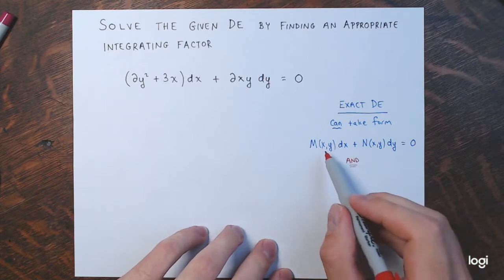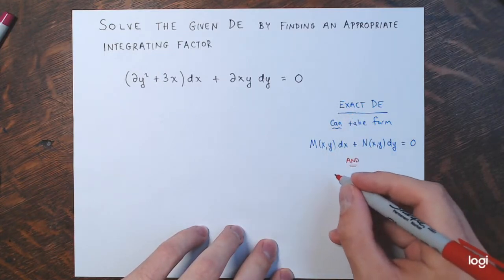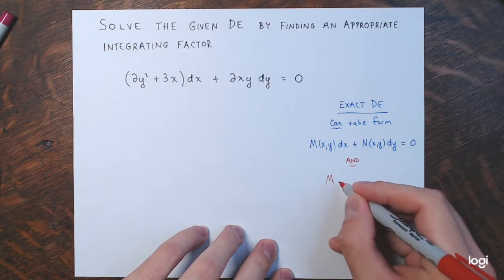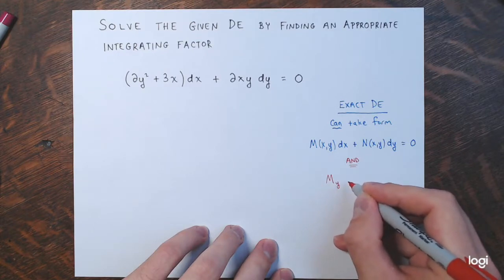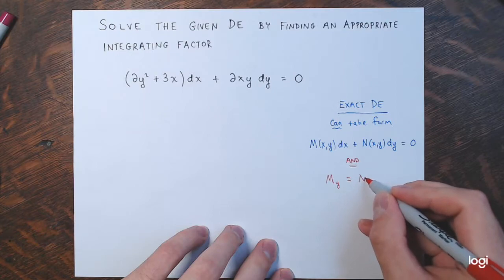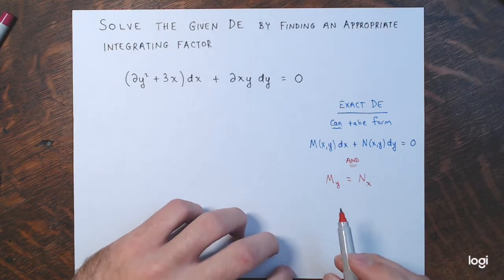So in order for an equation of this form to be considered exact, the partial derivative of M with respect to y must be equal to the partial derivative of N with respect to x.